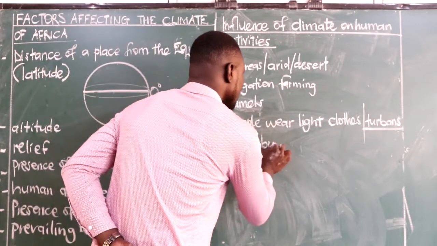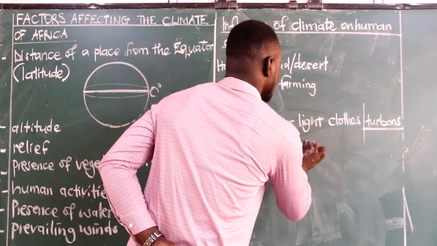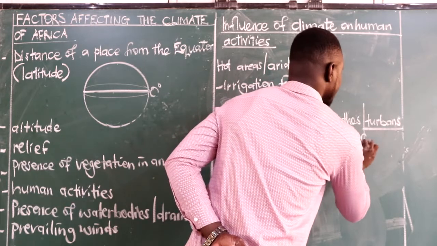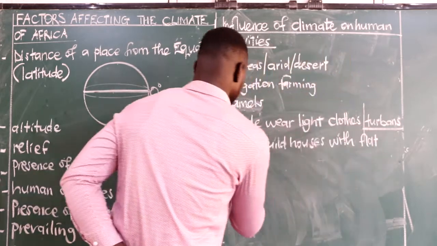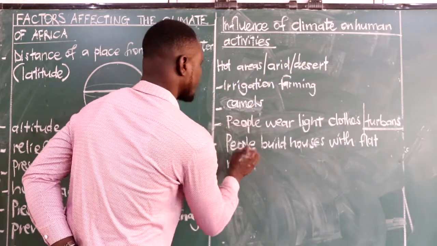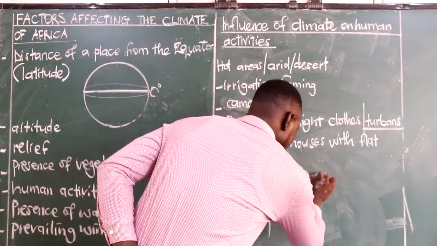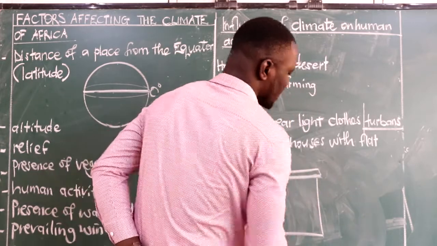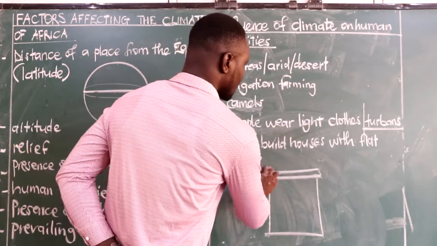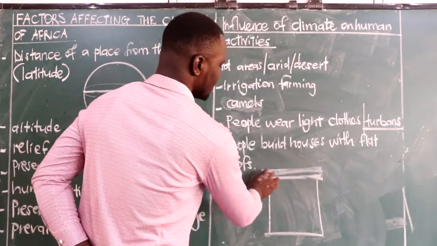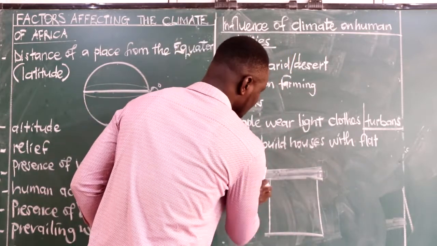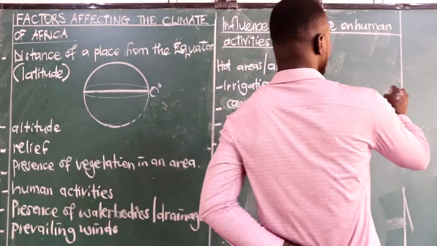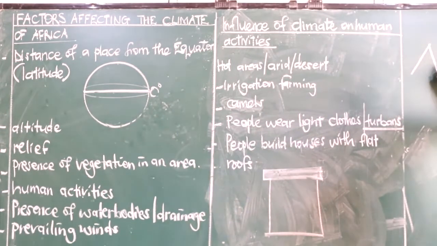People build houses with flat roofs, which means that someone builds a roof which is flat. Remember, you will find that for some areas, for example, people who live in the equatorial rainforest, they build houses which have slanting roofs.